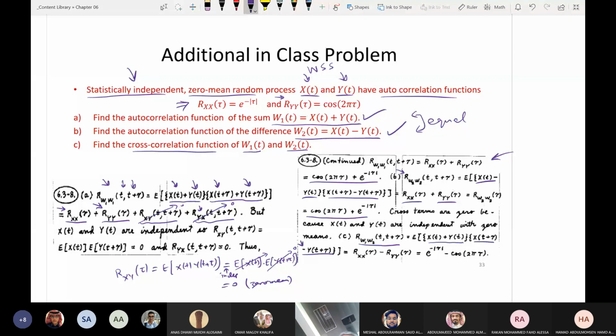Now, if we multiply, we have, first of all, the autocorrelation function of x. However, y here is multiplied by minus y, so we have minus the autocorrelation function of y. And then plus and minus the cross correlation functions, which are 0. And we have this one.